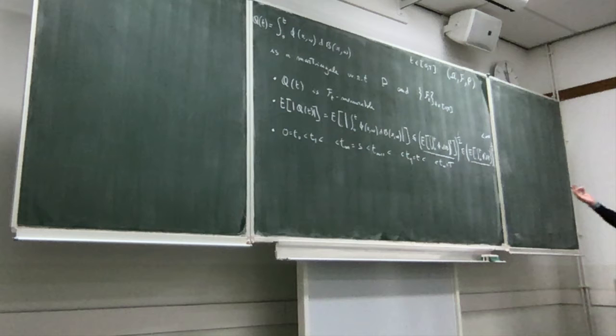But what happens here? This is time t_m, this is time s, and these quantities are up to time s. So for measurability, I can just take them out of the expectation.